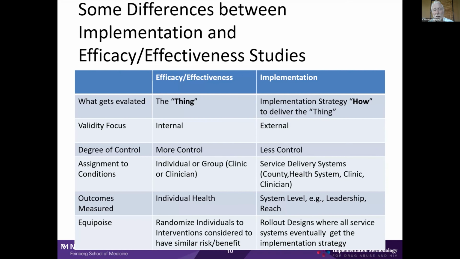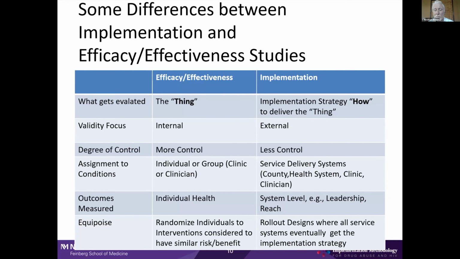When you assign to conditions, you can randomize in efficacy and effectiveness trials often at individual level, but you can also do that at group level, say clinic level, for example. In implementation, it's almost always evaluated with randomizations at, if there's a randomized trial, the service delivery system, that is counties, clinics, etc. The outcomes that are measured in an efficacy and effectiveness world are individual health outcomes.